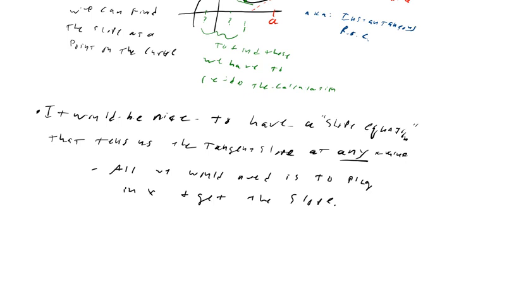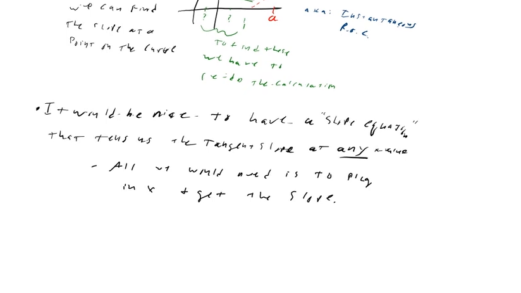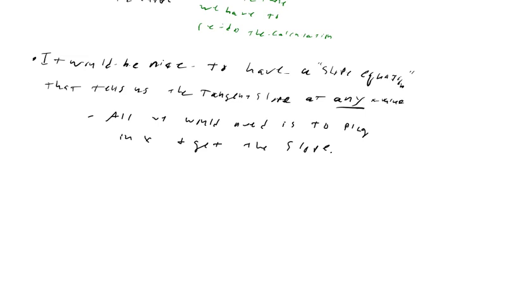And some smart people like Newton and Leibniz, back in the 1700s, figured out a way to do this. They figured out a way to make this equation. We do have an ability to find this. And the slope equation is equal to the following formula.